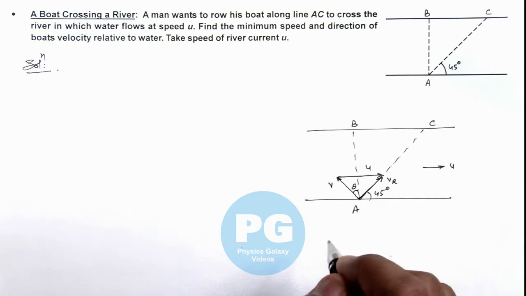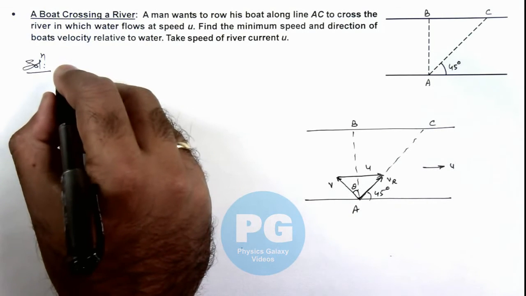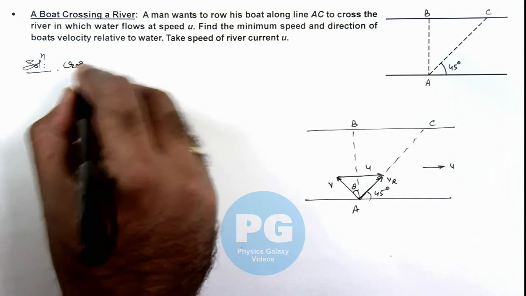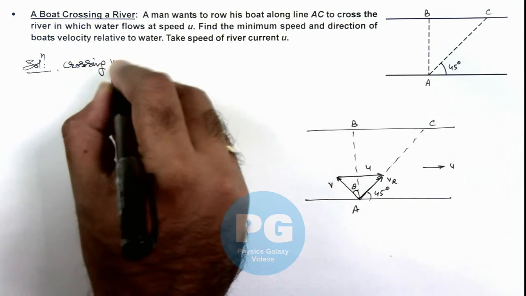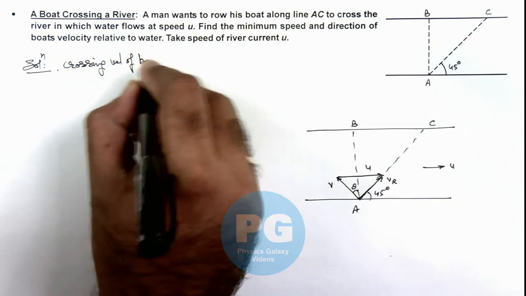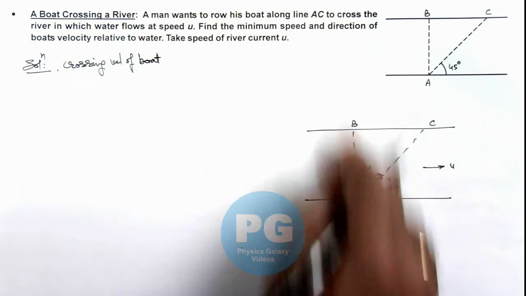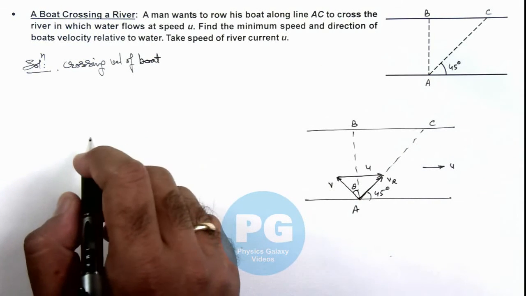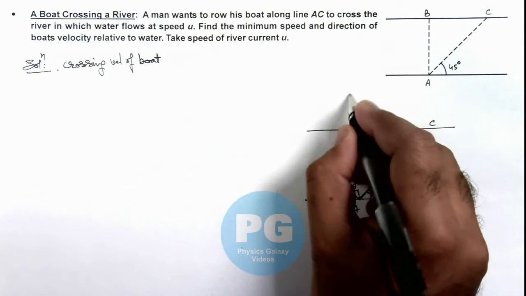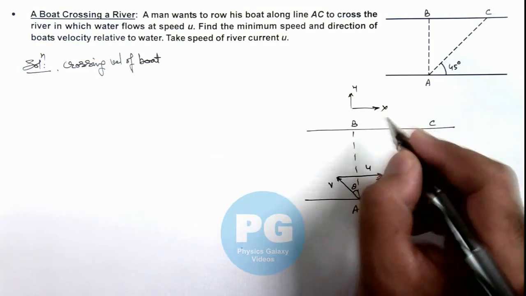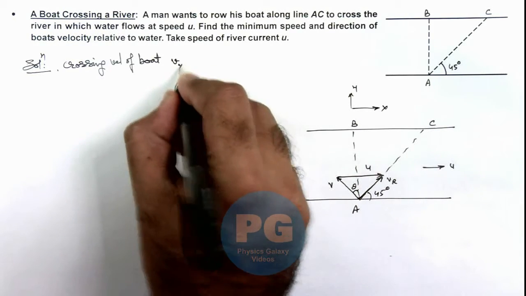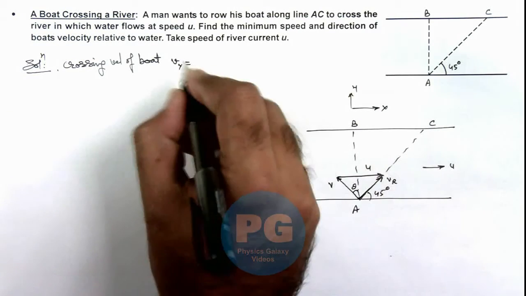And here we can see in this state the crossing velocity of the boat, the speed with which the boat will cross this line AB. If this is the y direction and this is the x direction, then we can write the velocity of the boat in the y direction will be v cos theta.